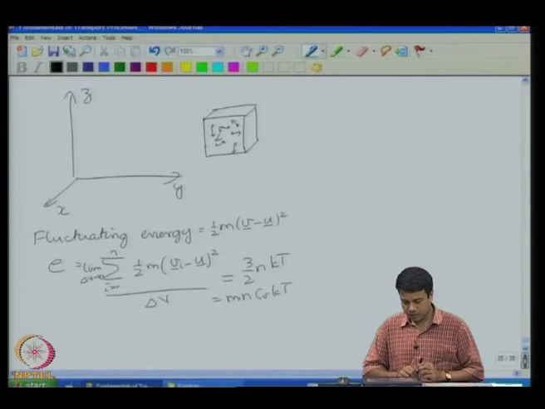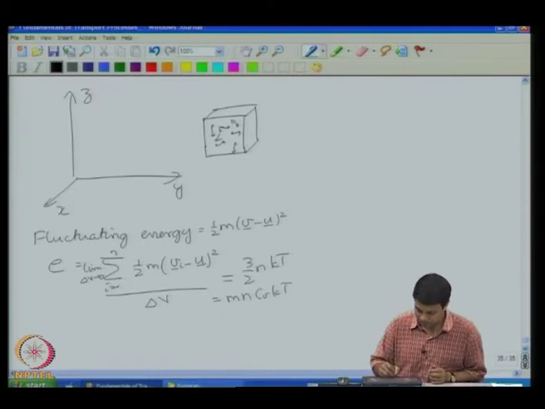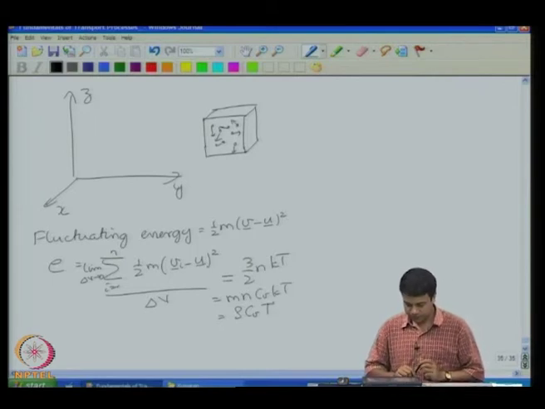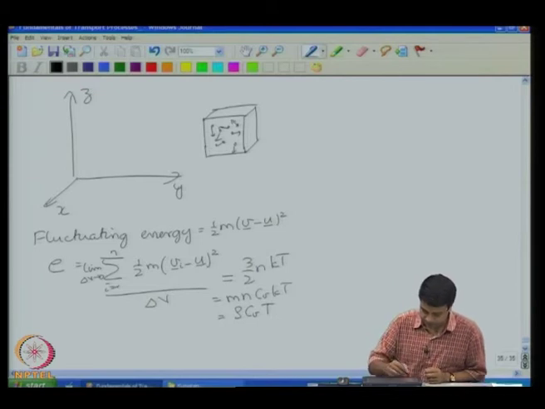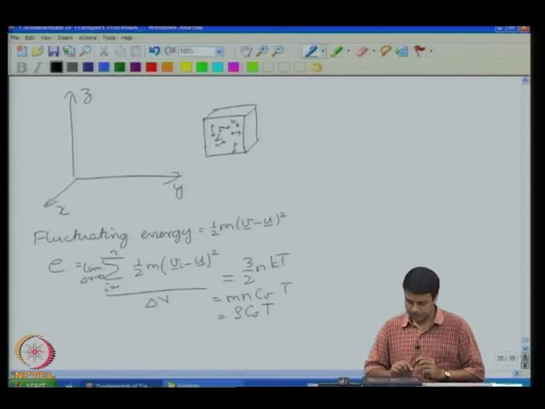The mass of a molecule times the number of molecules is just the mass density. So, this is equal to rho CV T, where 3 by 2 n k is the CV for the system. Just remove the k here. Good. So, this defines the temperature field.